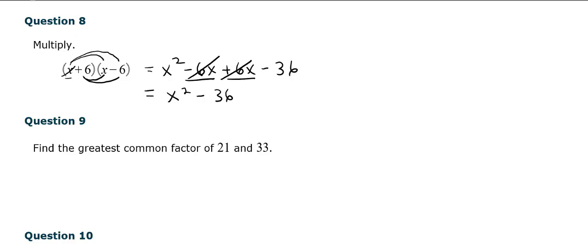Now, we're going to talk about conjugates later on. And this is an example of multiplying a factor times its conjugate. Here's some examples of other factors and their conjugates. 3x plus 2 times 3x minus 2.